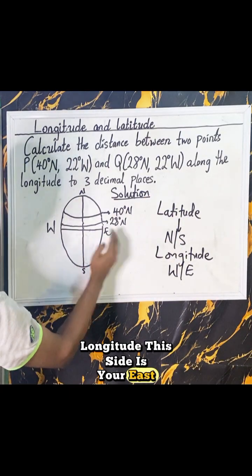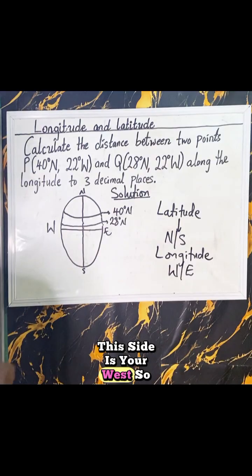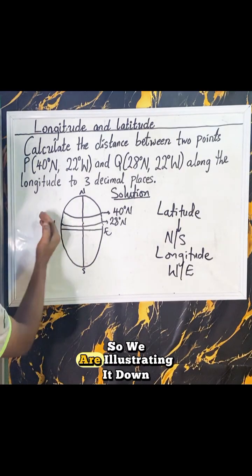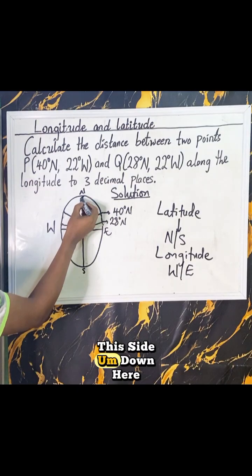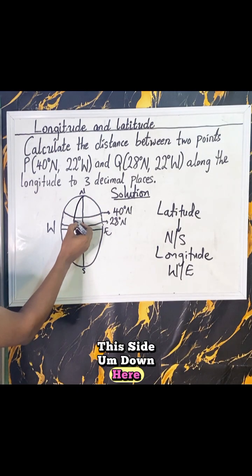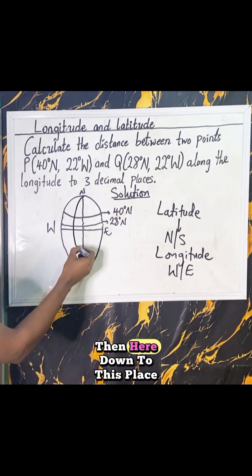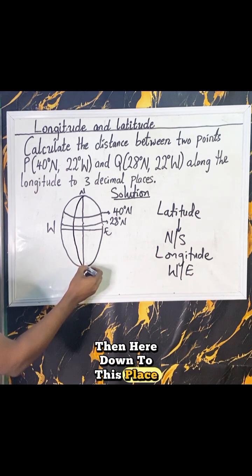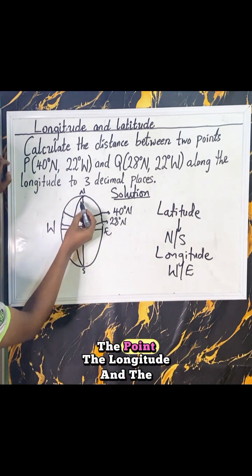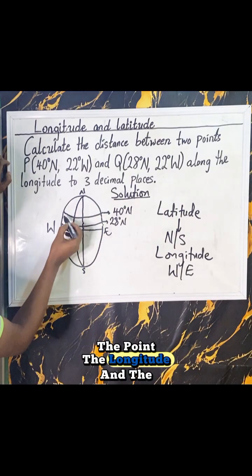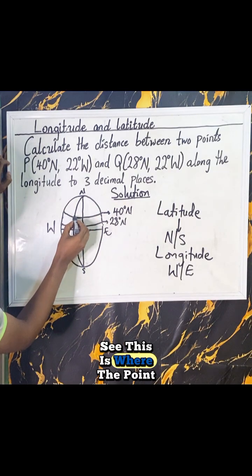This side is your east, this side is your west. So we are illustrating it down the side, down here, then here, down to this place. Now, where is the point? The longitude and the latitude, see, this is where the point intersects.